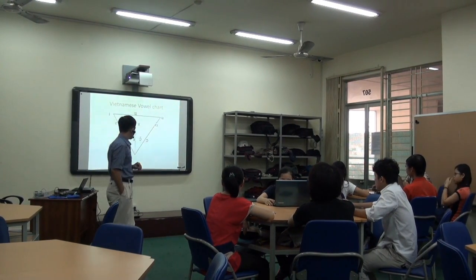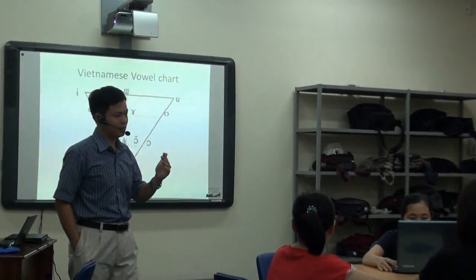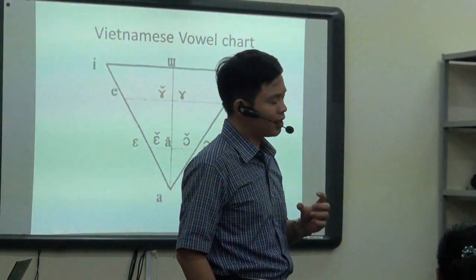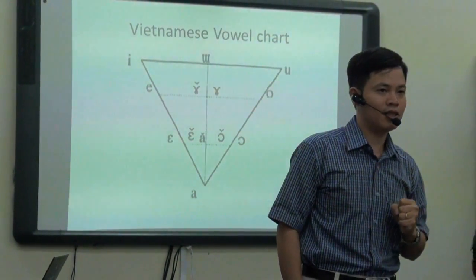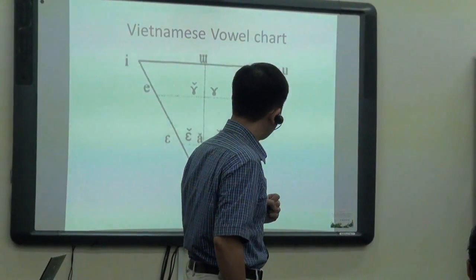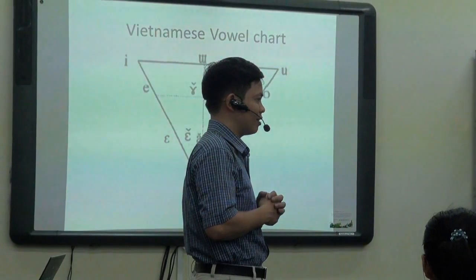Right, this is the vowel chart of Vietnamese, and this vowel chart is quite widely accepted in the linguistic community of Vietnam. So you see the shape is different from that of English.